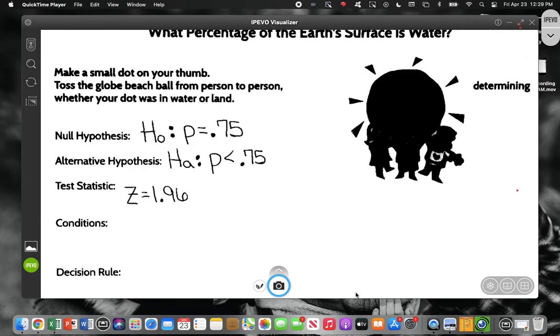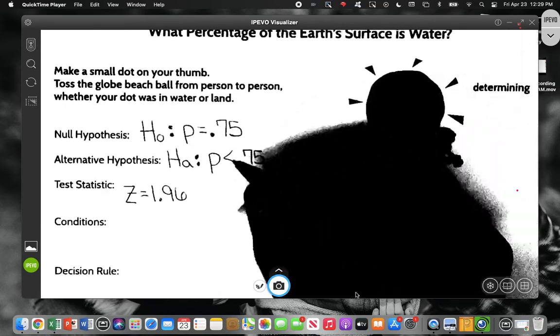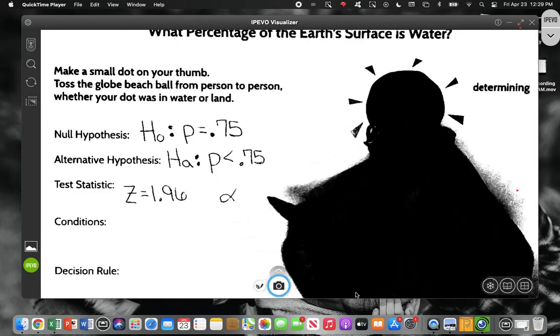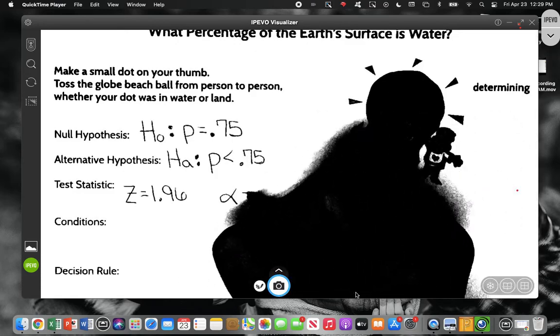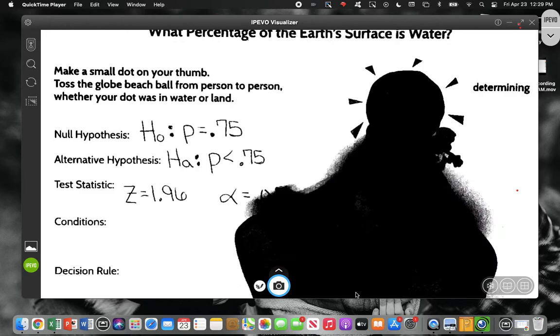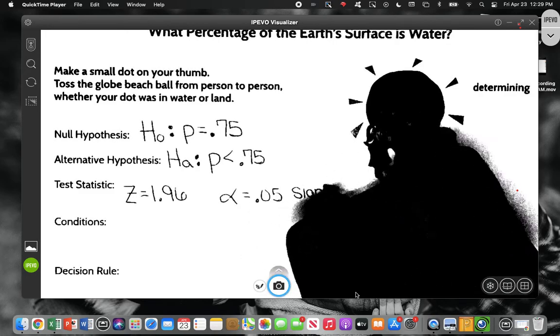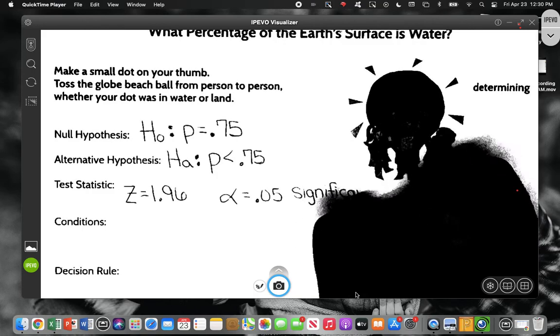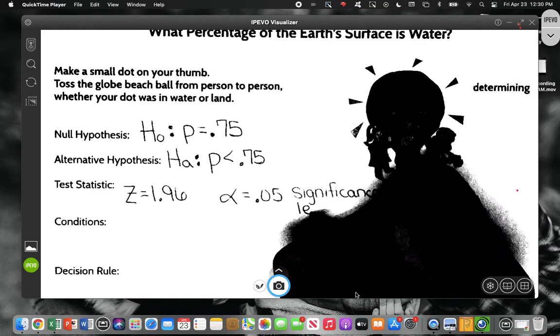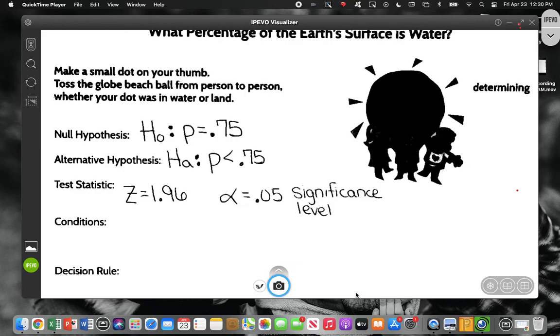95% confidence. So I am going to introduce a new Greek letter to you today. It is alpha. We are going to say our alpha is 0.05. This is what we call the significance level. And where do you think I got the 0.05 from?